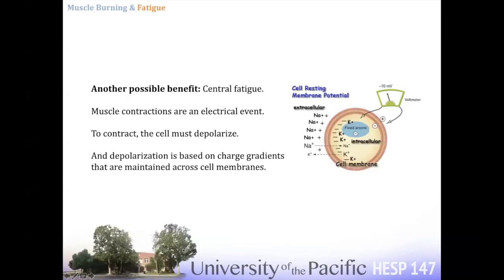Central fatigue, though, one explanation for the enhancement of centrally mediated activation is nerves. I mean, this whole thing, muscle contraction, it begins in the nerves and then it goes down the T tubules, hits the dihydropyridine receptor. This is all electrical. This is an electrical event beginning in the brain.